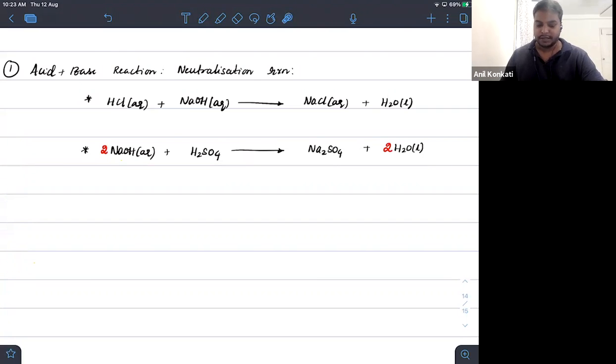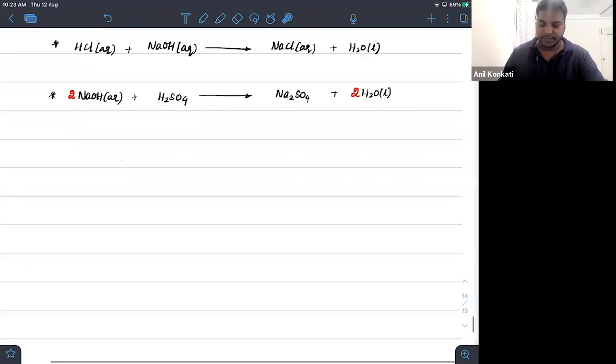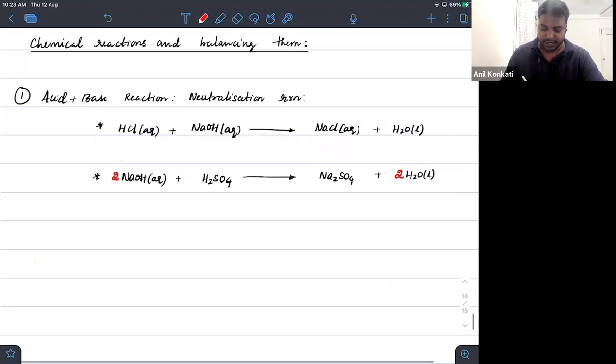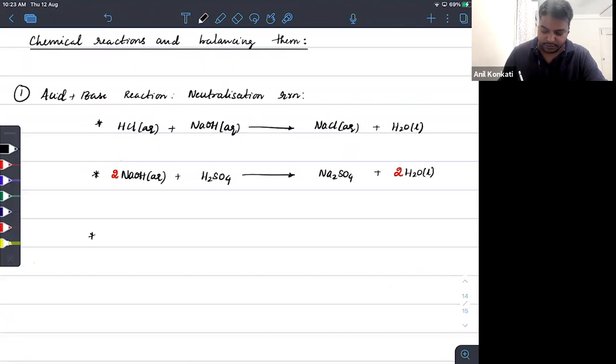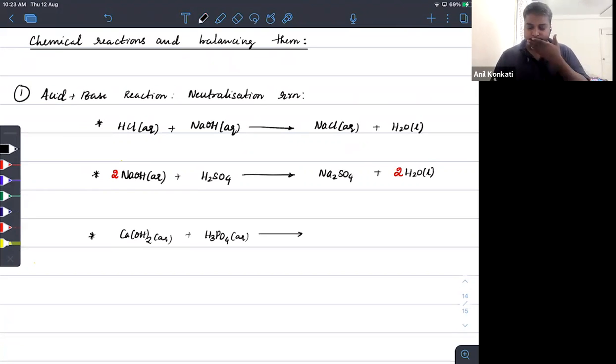Everyone, on a similar basis, first write what is the acid-base reaction and do the balancing, students. I have calcium hydroxide aqueous plus H3PO4 aqueous giving Ca3(PO4)2 plus H2O.